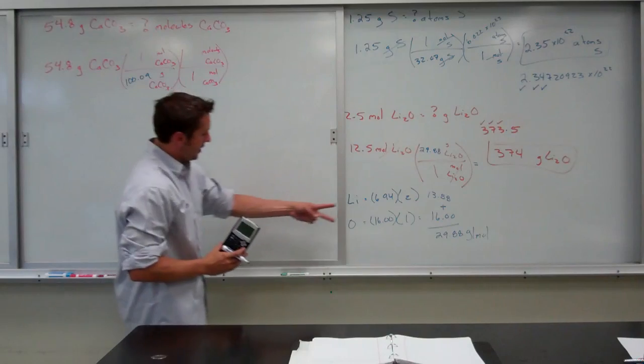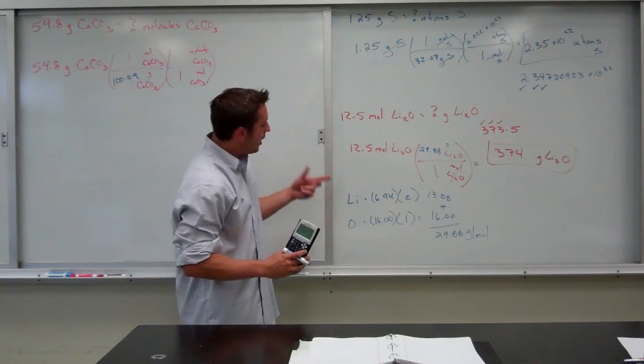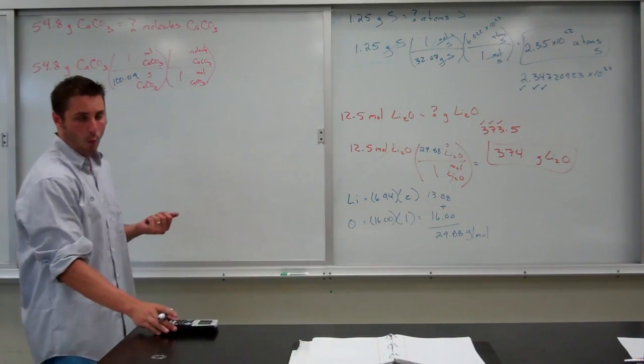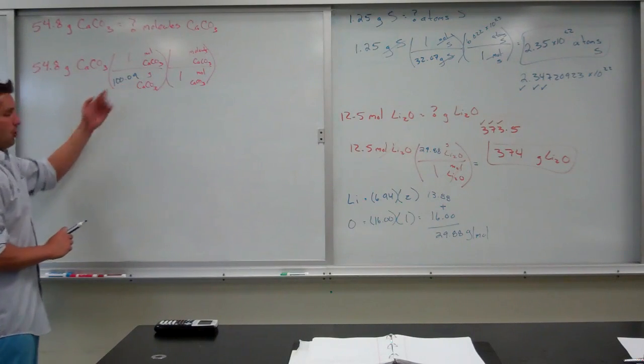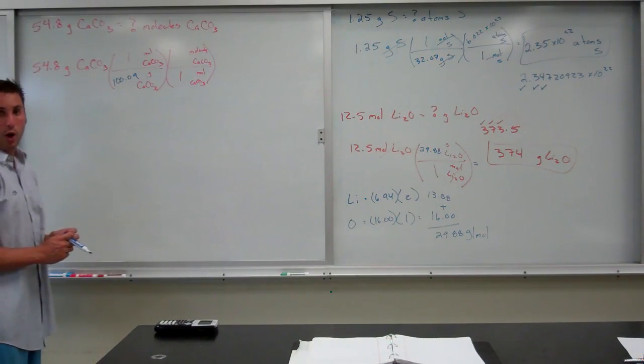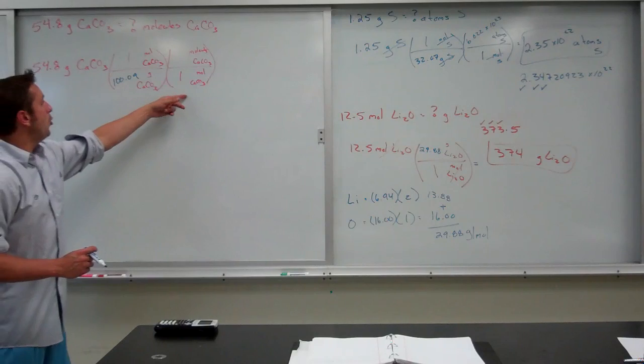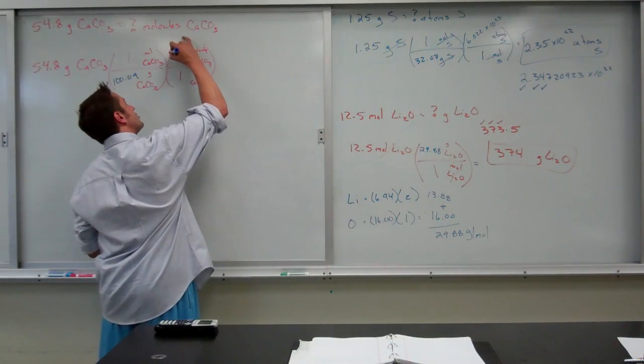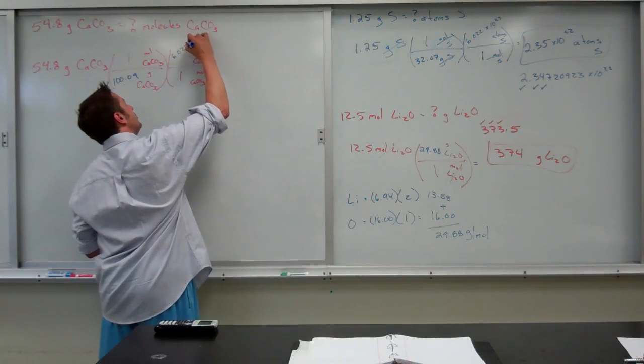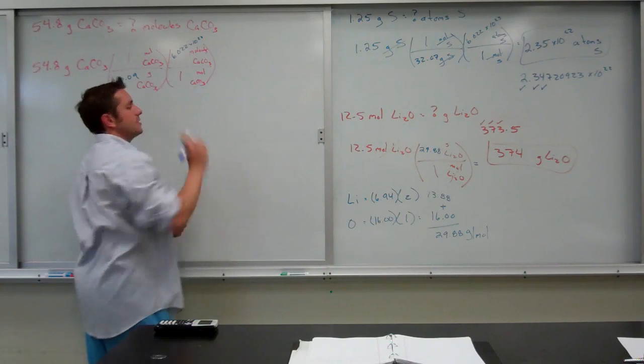And what I was doing there was what we did right here, but you don't have to show that work as we go through. So long as you get to the right number, you can do it all in your calc. Moles to molecules is always Avogadro's number, 6.022 times 10 to the 23rd.